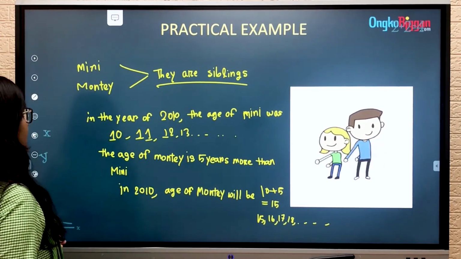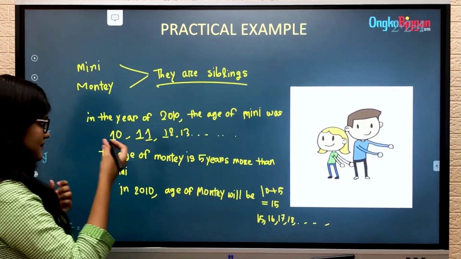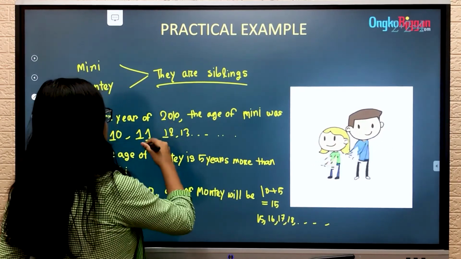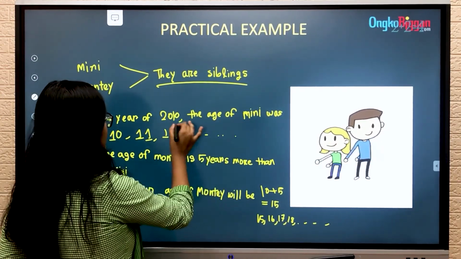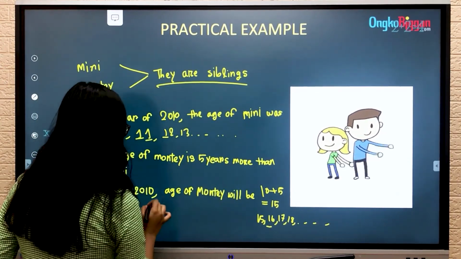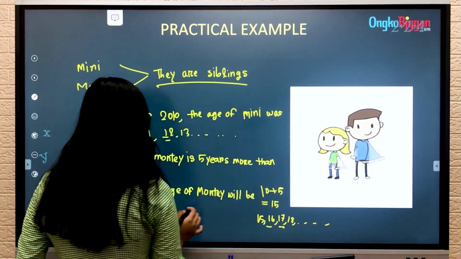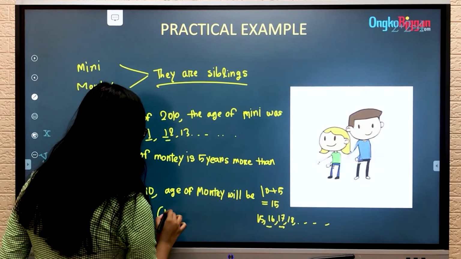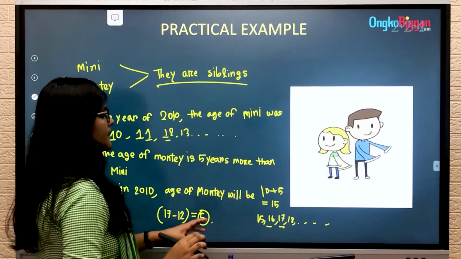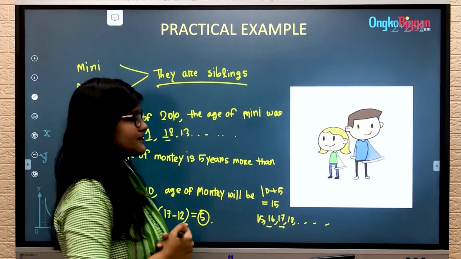You can see that the difference of the age will be still 5. That means the difference will always be a constant. That means it will not change.